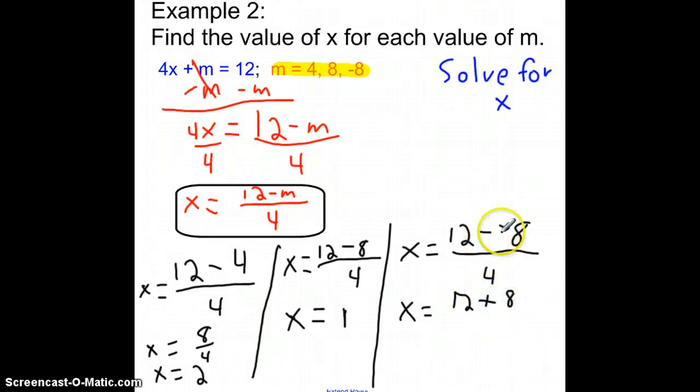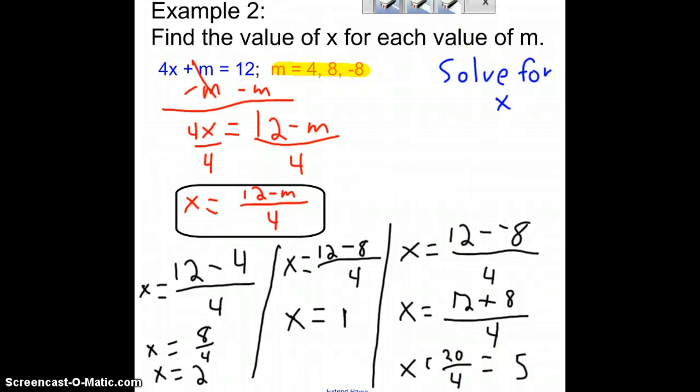You can also think of it as a negative times a negative. What's a negative times a negative? You all know it gives us a positive. 12 plus 8 is 20, 20 over 4, that's just going to equal 5.